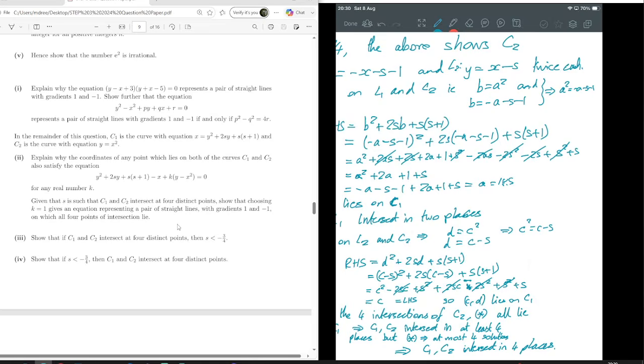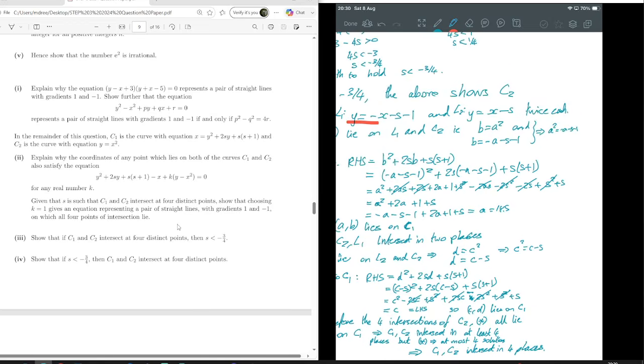Now, really, I should check that those 4 places are distinct. It's not too hard to do. The only way for them to be non-distinct is if the intersection between these 2 lines was a solution, which is when x would equal -1/2.